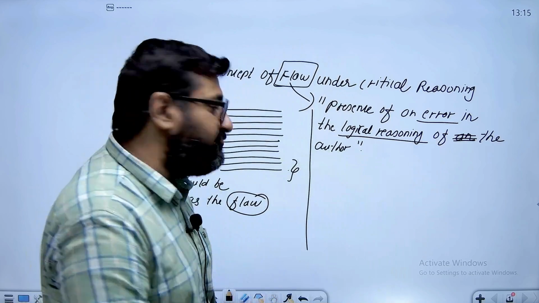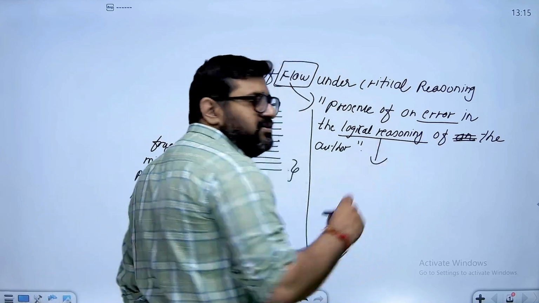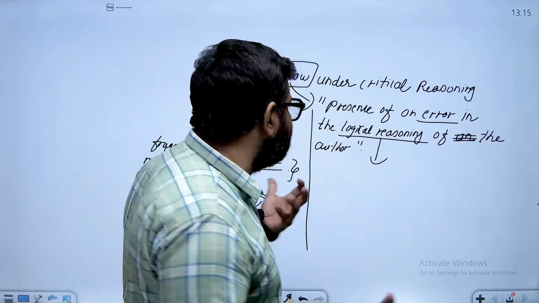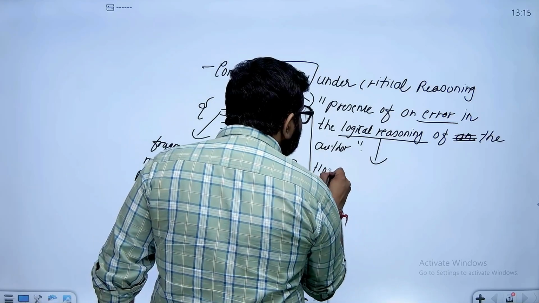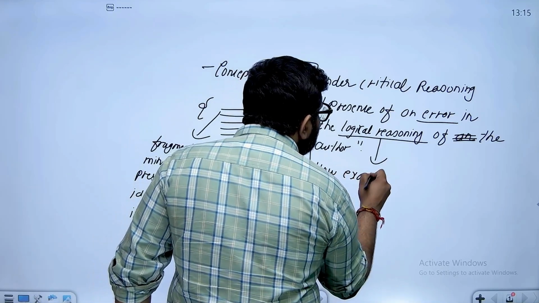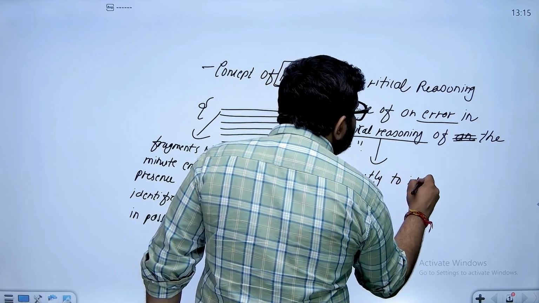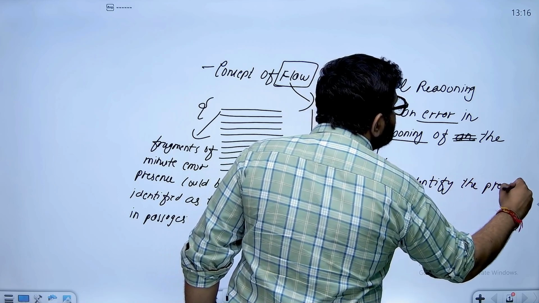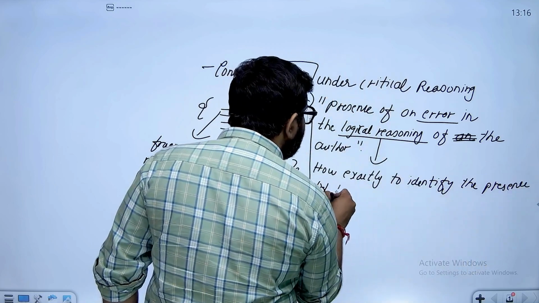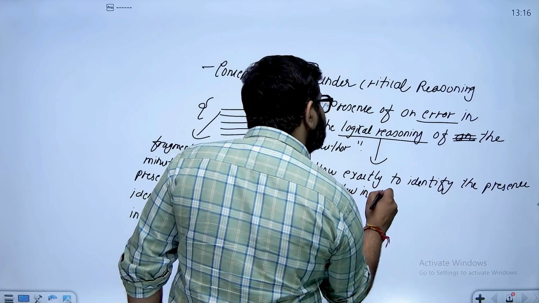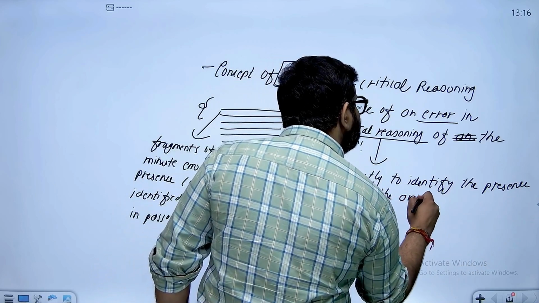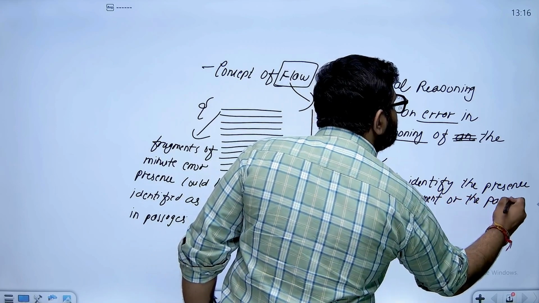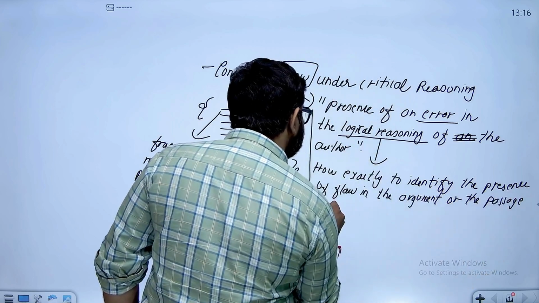Now, how to detect flaw? Our question or our predicament further goes as follows. How exactly to identify the presence of flaw in the argument or the passage at large?